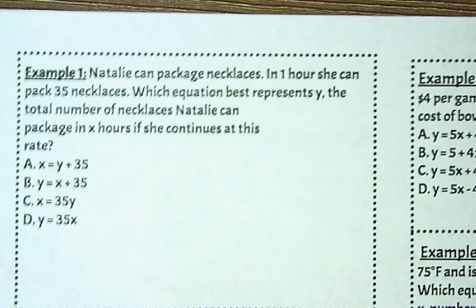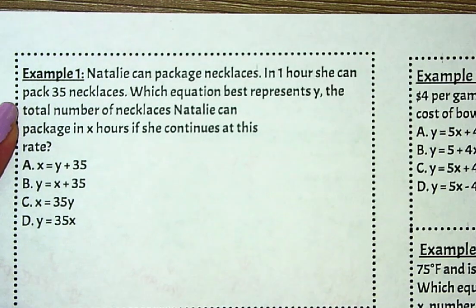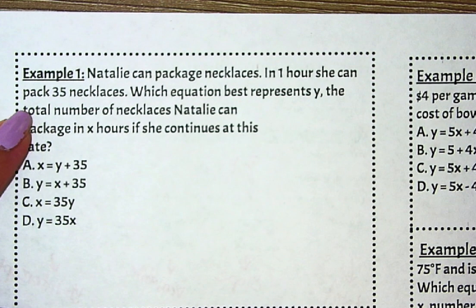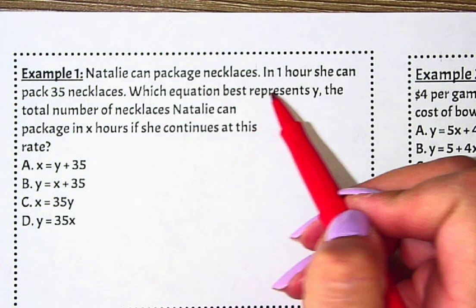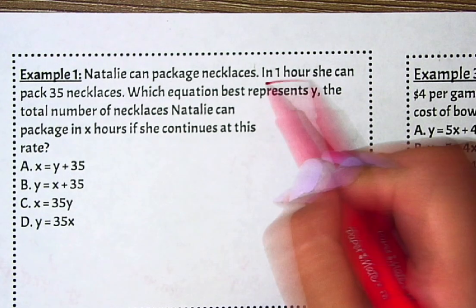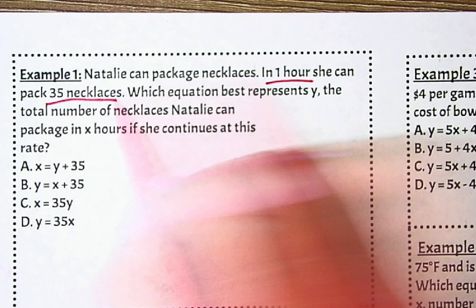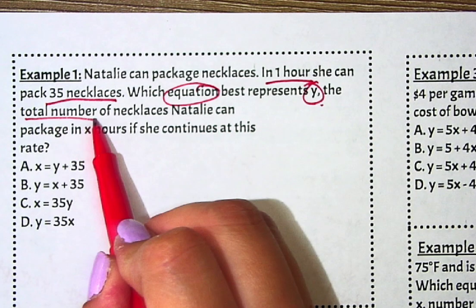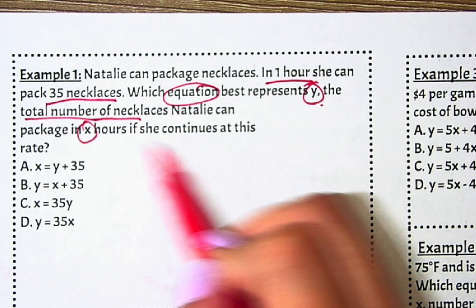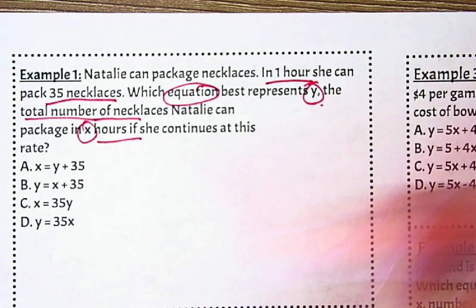So example 1, let's see how these are used now. So we are going to write an equation from this word problem. It says Natalie can package necklaces. In 1 hour, she can package 35 necklaces. Which equation best represents y, the total number of necklaces, and x, the hours if she continues at this rate?